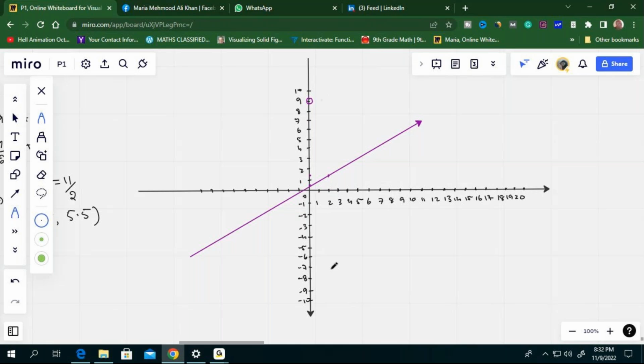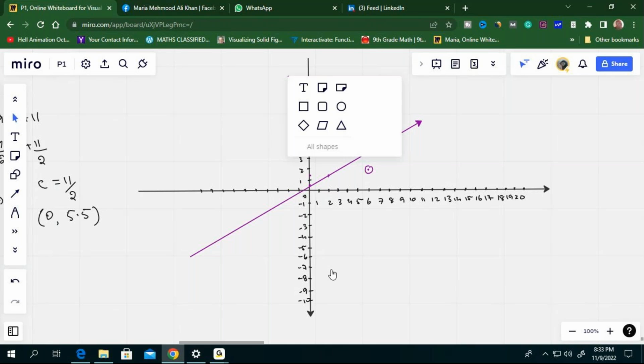Okay, and 7 units down means 1, 2, 3, 4, 5, 6, 7, and then 1, 2, 3, 4, 5, 6 here. Okay, so in the line of my 2, I'm going to highlight the point. This is it. Okay, and then I'm going to join these 2 points.